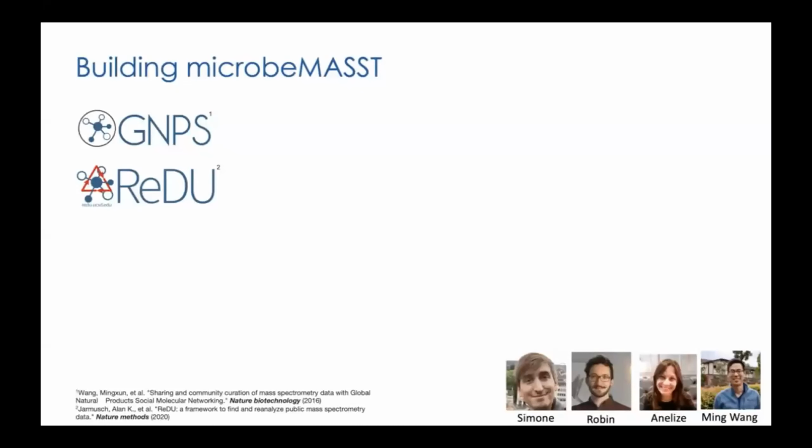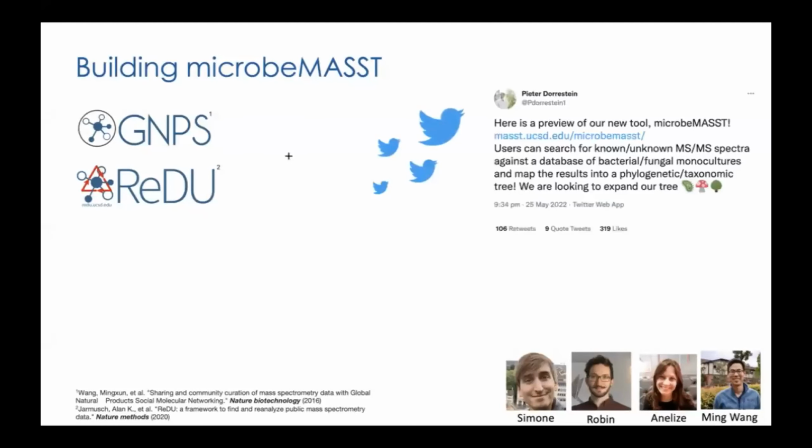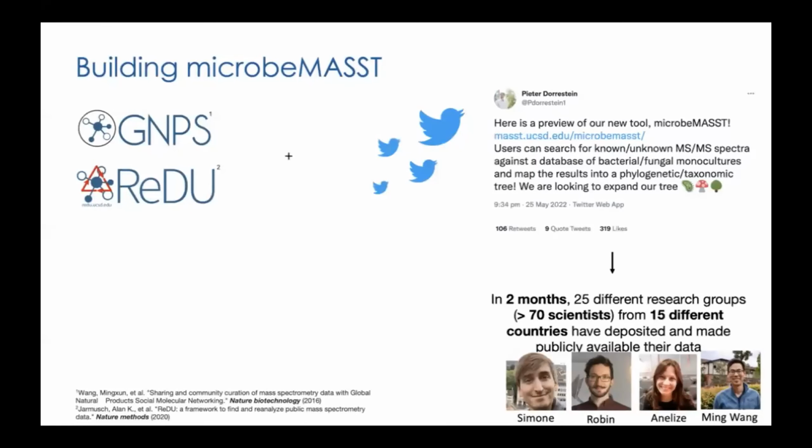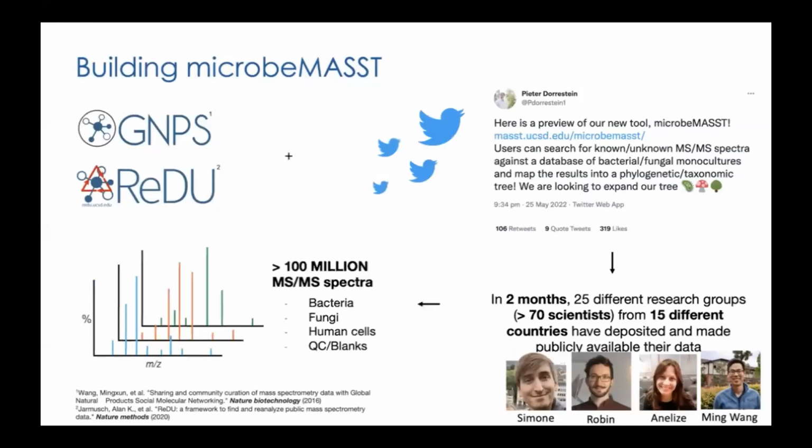ReDU is basically a strategy to control the metadata associated with each of the files that go into GNPS, and this controlled metadata is super important. I reached out via social media, and within a few months, the final paper had more than 100 scientists who participated. We curated 100 million MSMS spectra and connected them to the bacterial, fungal, and human cells that are able to produce them.